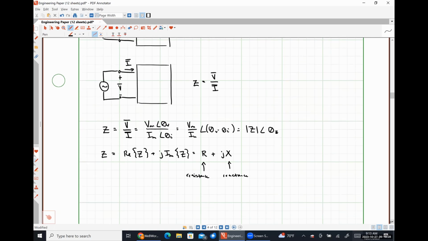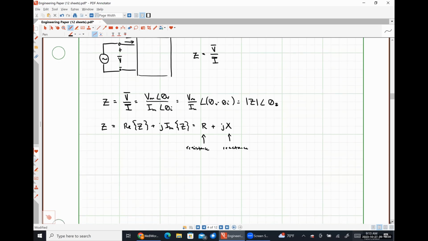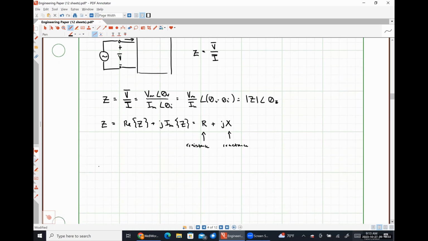So what I want us to do now is figure out what the impedance of a resistor is. If we have just a resistor by itself, what is phasor voltage V divided by phasor current I? Look at your notes from 10 minutes ago.